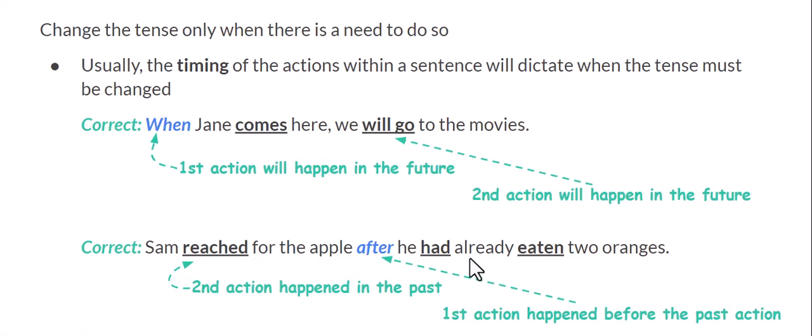We have the past simple in the first action, and also in the second action, the same past. So these are more examples to explain the idea of when to change the tense and when you are not allowed to change each tense. So let's move on to the next slide we have here.